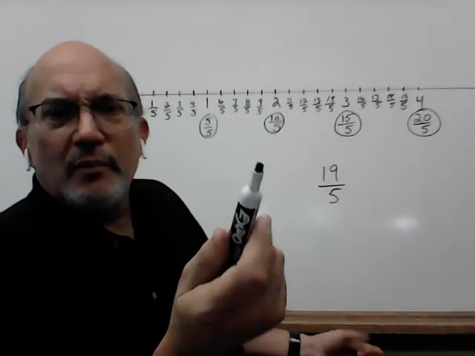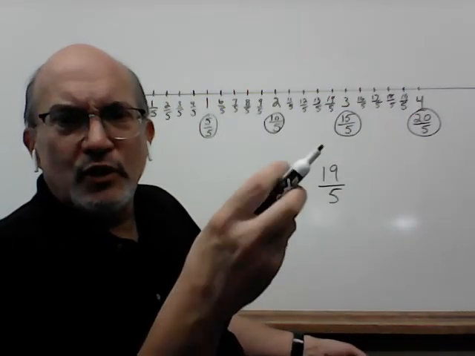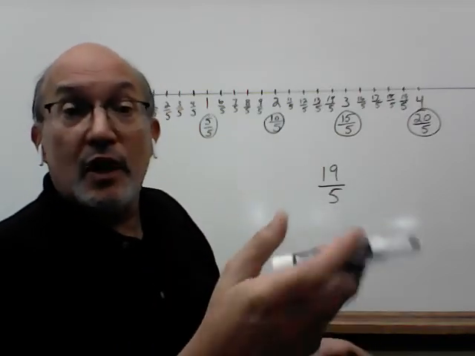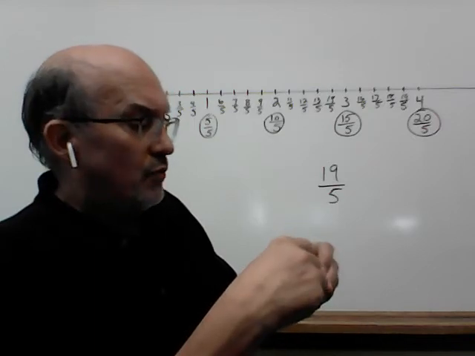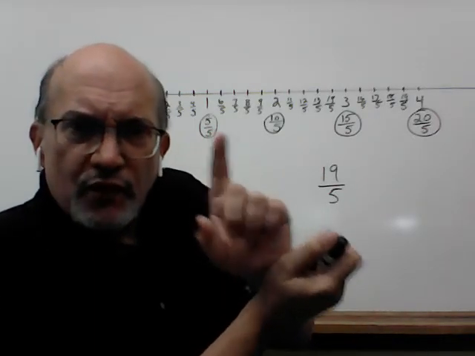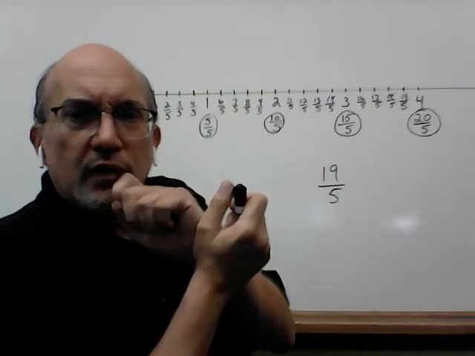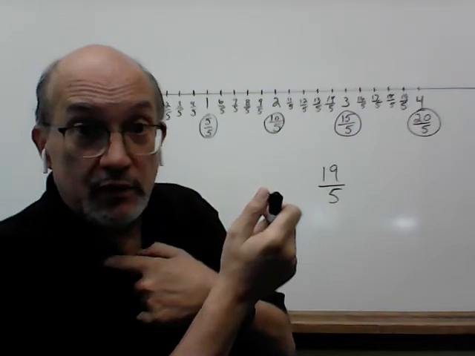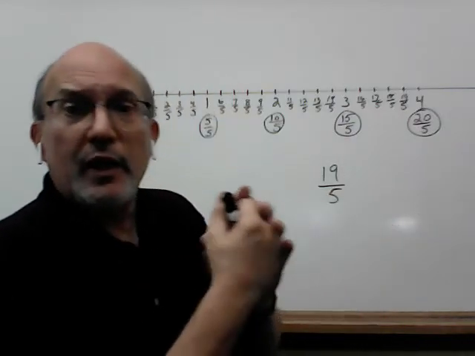I just want to take this opportunity to make an observation. When I'm talking to 5th graders about mixed numbers, about fractions in general, I will often say this. When people are very young, and this is probably true for all of you as well as for me, it was just longer ago for me.